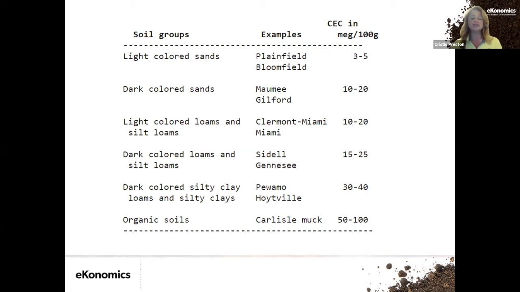So if we think about the organic, dark, deep colored soils in the Midwest, they tend to carry a higher cation exchange capacity as opposed to the light colored sands. And it makes sense, but just an example of how you might potentially estimate your cation exchange capacity.